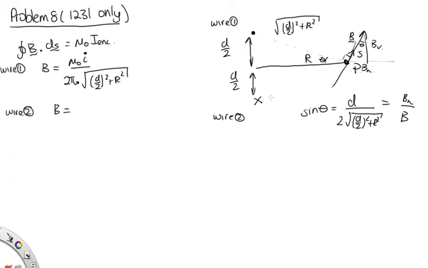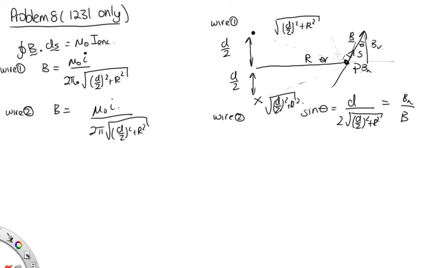B is going to have exactly the same magnitude because the current in the wire has the same magnitude. The distance from here to here is also the square root of (d over 2) squared plus r squared. So this will be mu naught I over 2 pi root of (d on 2) squared plus r squared. Now the only difference is the direction.